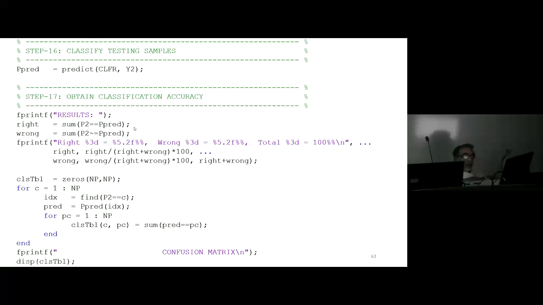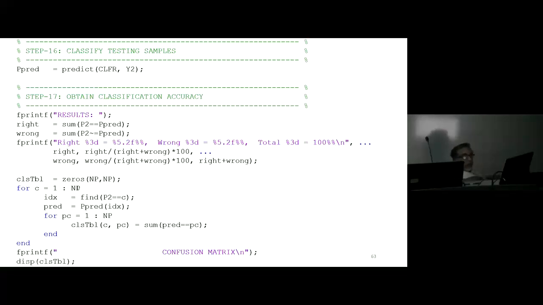That's the number of times the classifier did it correctly, and wrong is the number of times the classifier did not predict correctly, where P2 and Ppred, the predicted class label and the actual class label, are different. And then this is the classifier table. It's called a confusion matrix actually.